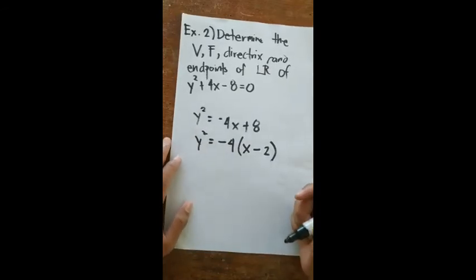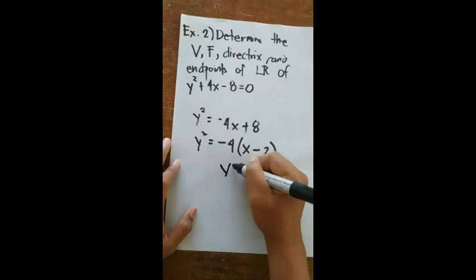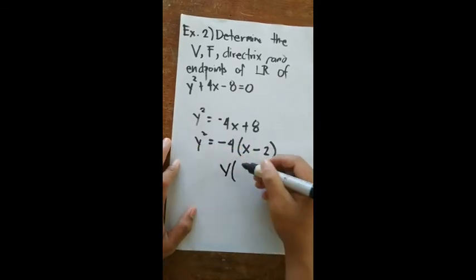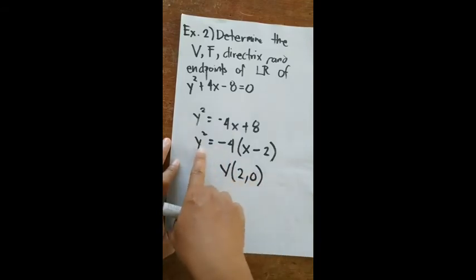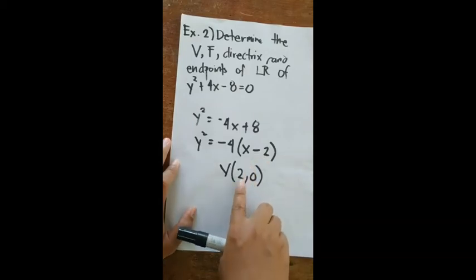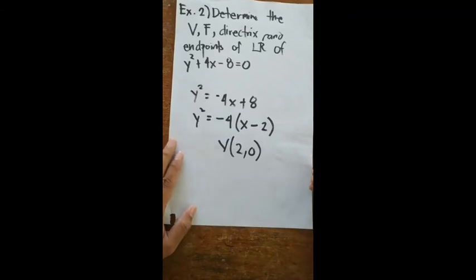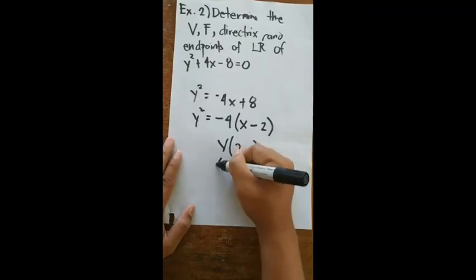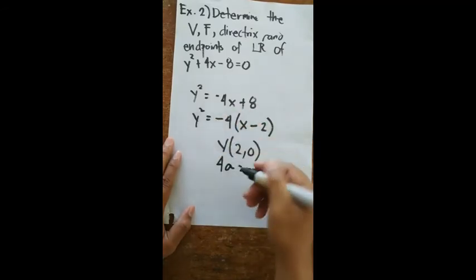Now we know that our vertex is (2, 0), because it's like (y − 0)² and (x − h), so we have 2. Next, let's find our a. 4a is equal to −4.